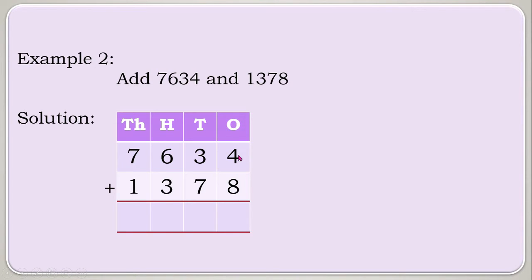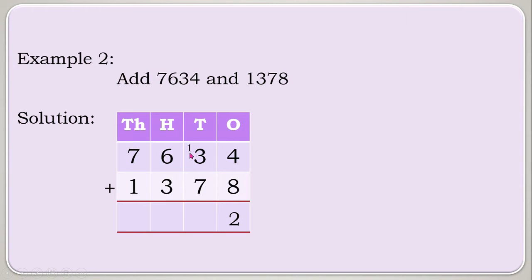So when we add 4 and 8, that is 4 plus 8 is 12. So in 12, 2 ones are there and 1 tens. Therefore, we will write 2 in ones column and we will carry over 1 ten to the tens column here.